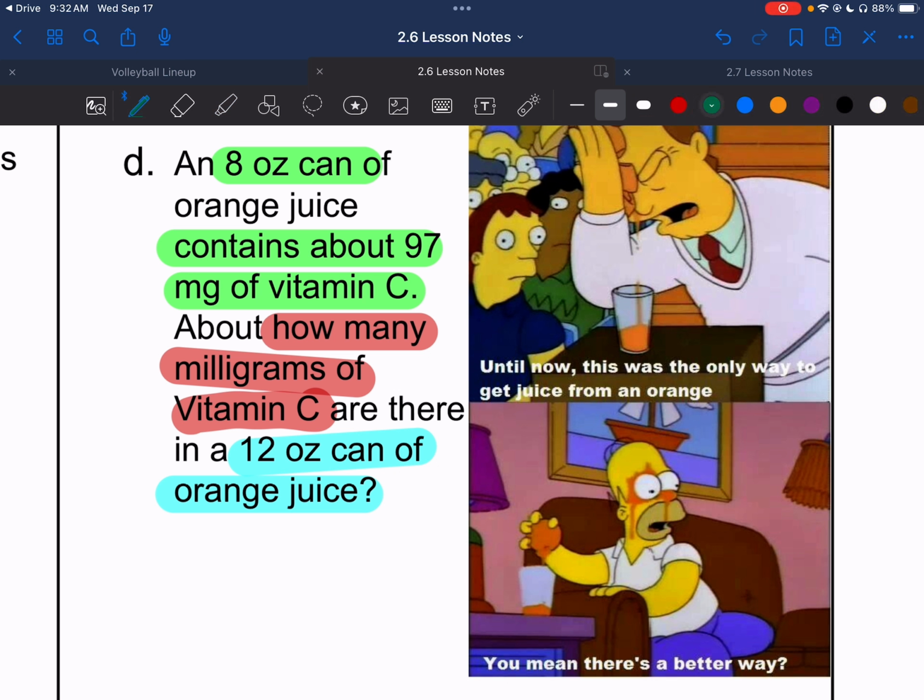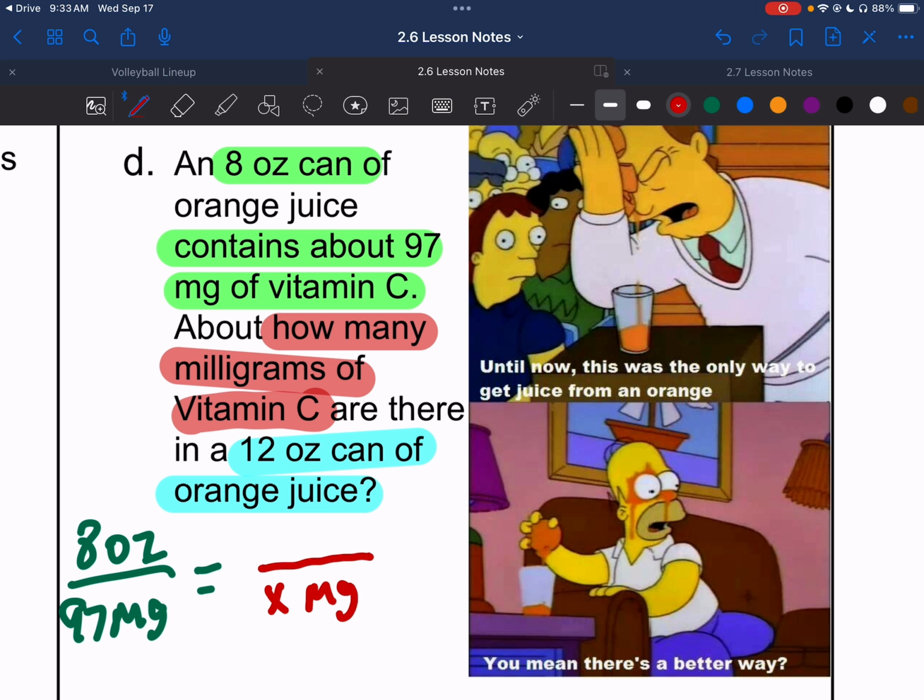So we set up our proportion. The first one, we have 8 ounces over 97 milligrams. And that's going to be equal to, we don't know how many milligrams, and we do know that it's a 12-ounce can. So again, our units are matching up. We've got ounces over milligrams, ounces over milligrams.